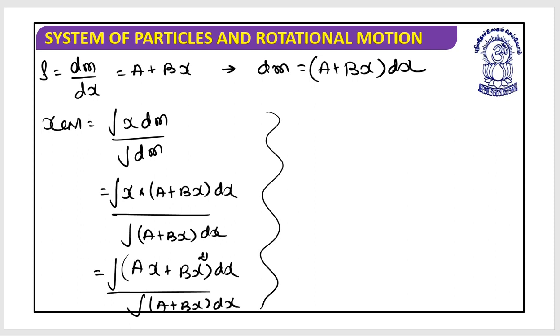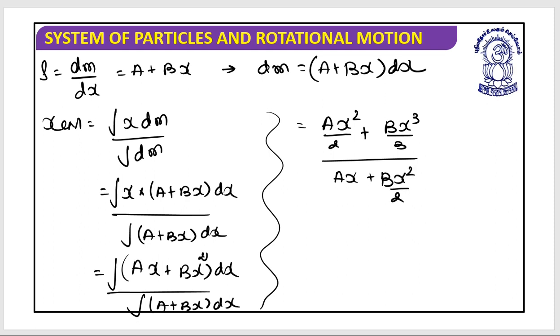So this can be written as ax square by 2 plus bx cube by 3, divided by ax plus bx square by 2.